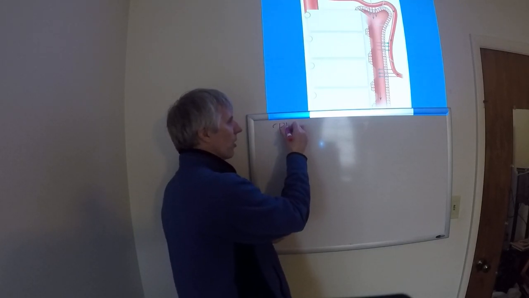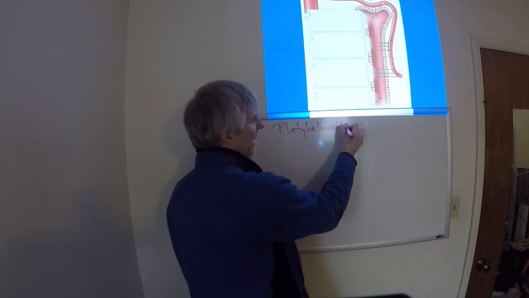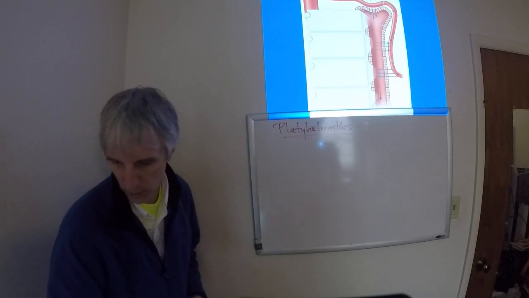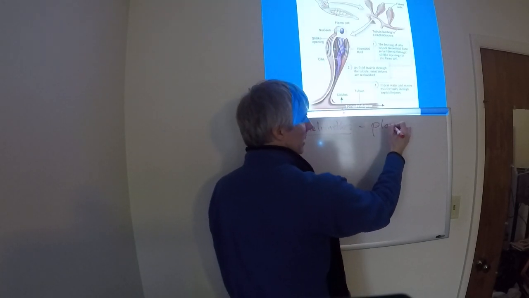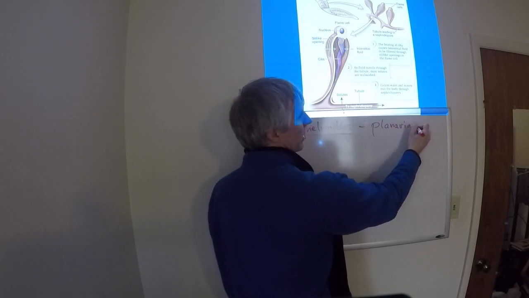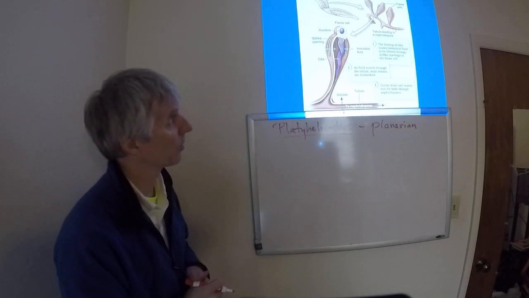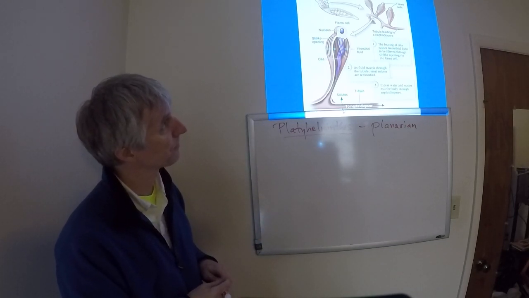So the earliest one we can find would be in platyhelminthes. These are the flatworms. And the one we're going to talk about specifically is a planarian, which is a little flatworm up there at the top.